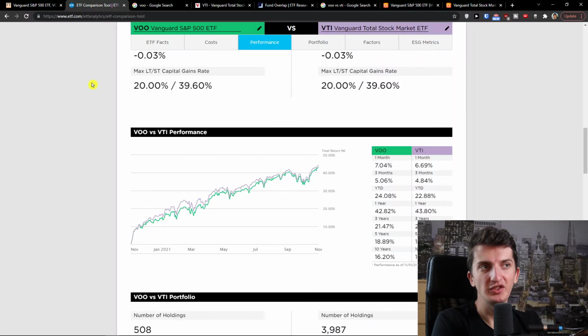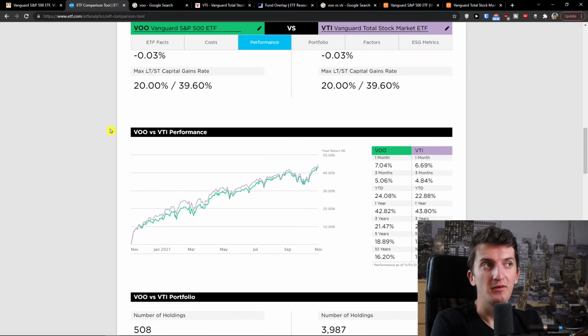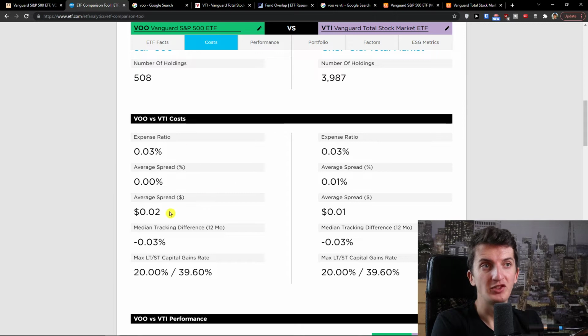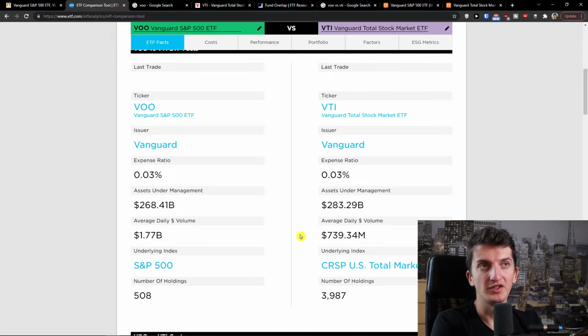Now, to summarize this whole video, the first thing is the VOO and VTI similarities. Expense ratio, same. Average spread 0.02 to 0.01. Median tracking difference, same. Issuer, same. Asset under management, similar.